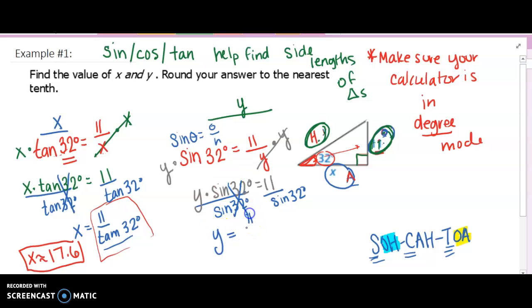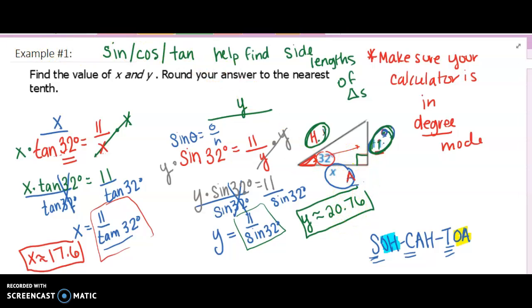So y equals 11 over sine 32 degrees. Now I'm going to put this into my calculator, and I get y is roughly 20.76-ish. Okay? And that's how I use sine, cosine, and tangent to solve for side lengths.